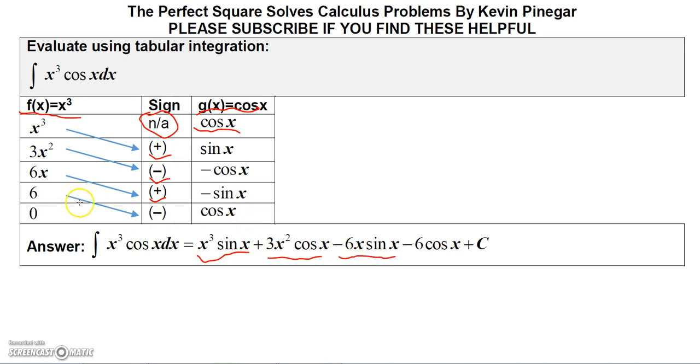And then we take the 6 and multiply it by minus cosine x, and so that's going to give us minus 6 cosine x. And then the 0, since all the terms after that would be 0, we're done except for the constant. And so that's how you evaluate integrals by parts, by using tabular integration.